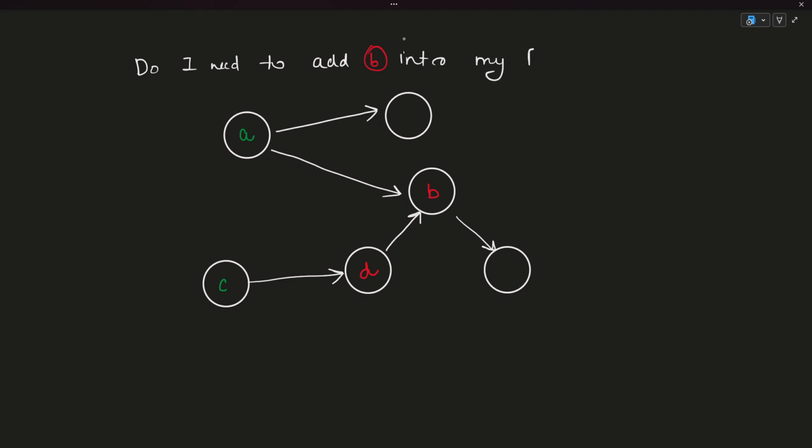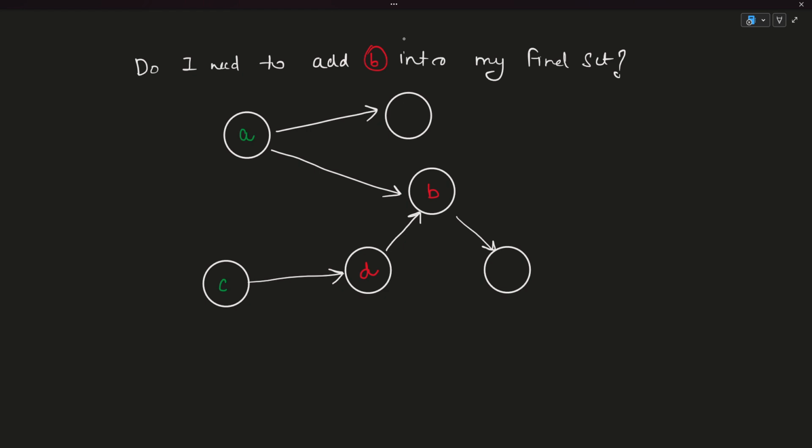If this question is clear, we will get a very helpful intuition from this example and we can solve the question. The answer is no, we do not have to include the B vertex in our final set, because we can reach B using the edge which is coming from A, okay.